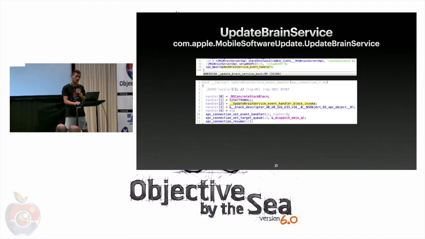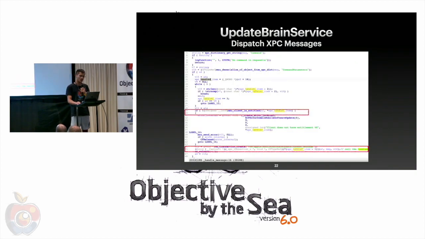There is another Mach service named Update Brain Service that doesn't have a 2 in its name. It is implemented through a low-level XPC API in the C language. In the XPC handler method, we can see that it dispatches XPC requests through a global array.